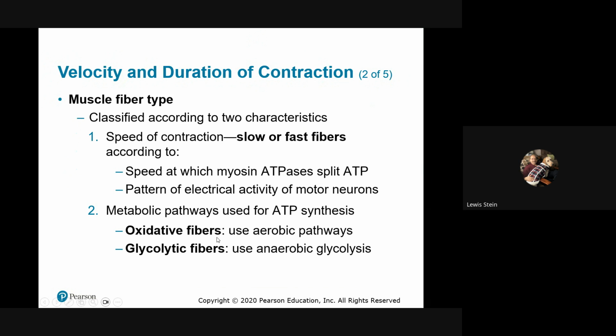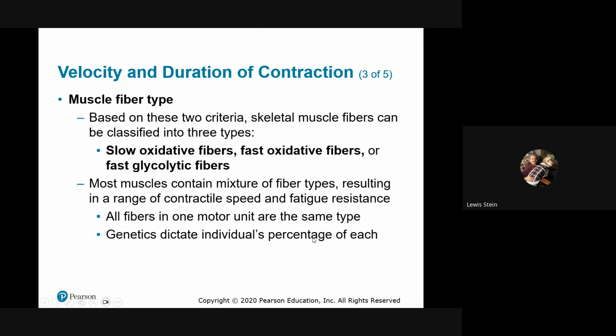So we have oxidative and glycolytic fibers. As you will see, oxidative utilize air, glycolytic do not. So you have slow and fast oxidative fibers, and glycolytic fibers are fast. Most muscles have a mixture of them. All fibers in a motor unit are the same, and it's about genetics.